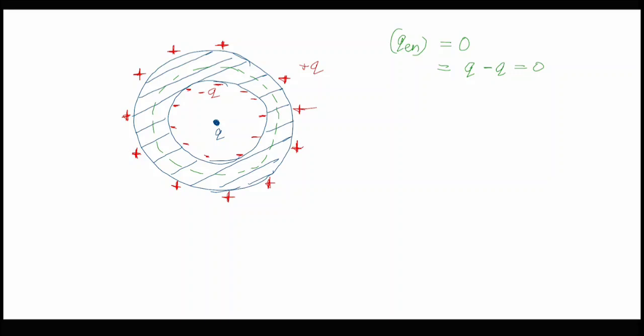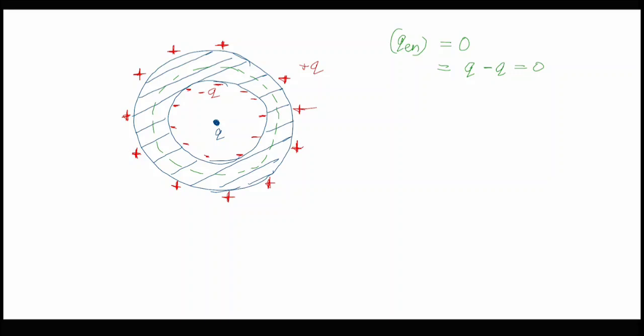Hence if we calculate the electric field on the body of the conductor, the value is again 0. Although some electric field will surely be generated inside the cavity, on the conductor the electric field is going to be 0, and we see that the charges even inside the cavity have come to the surface of the conductor, and the net charge enclosed inside the conductor is 0.